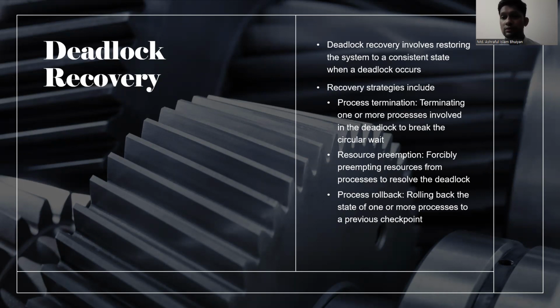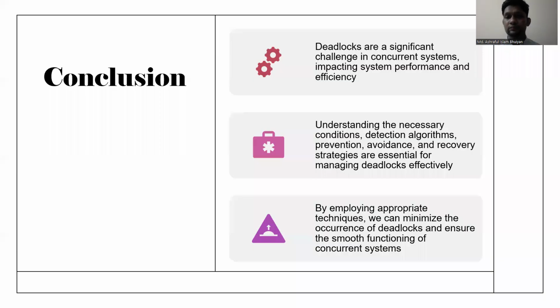Process termination is terminating one or more processes involved in a deadlock to break the circular wait. Resource preemption and process rollback. Rolling back the state of one or more processes to a preemption checkpoint.